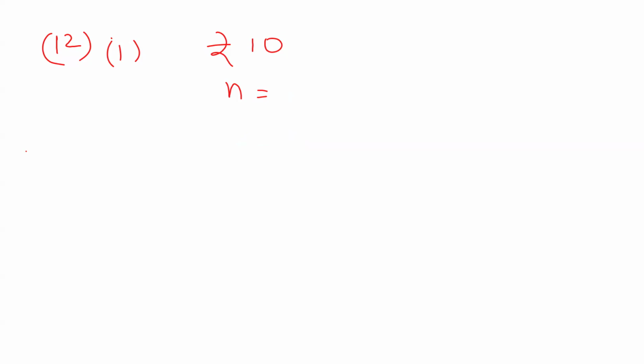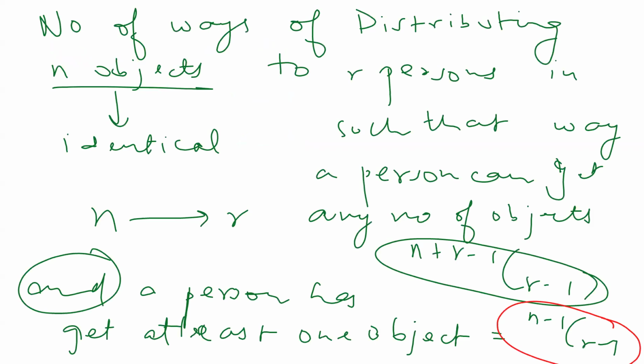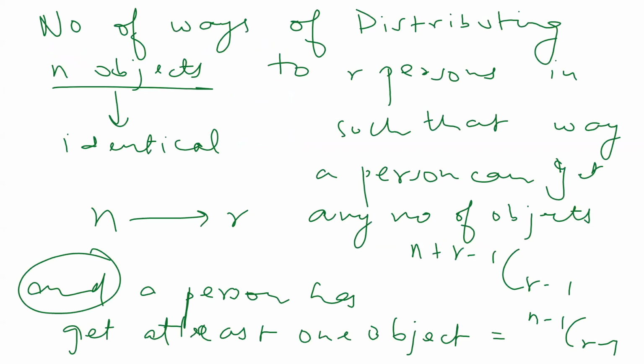Just a second, I'll just erase that slide. This formula. So 12 sub question 1, n is equal to 8, r is equal to 3. So the first formula, n plus r minus 1 C r minus 1. Put the value of n and r.